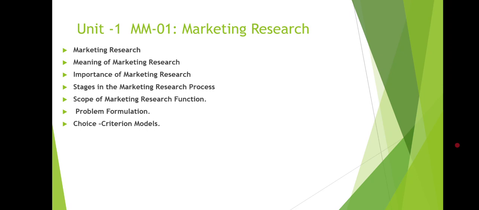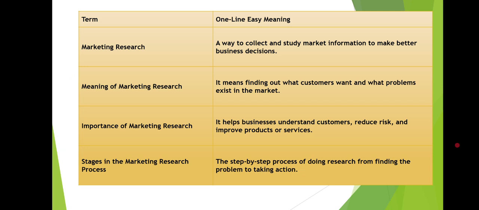So first of all, let's understand the meaning of each and every term that we are going to cover in unit 1. So first term we have marketing research. That means a way to collect and study market information to make better business decisions. Second term we have meaning of marketing research.